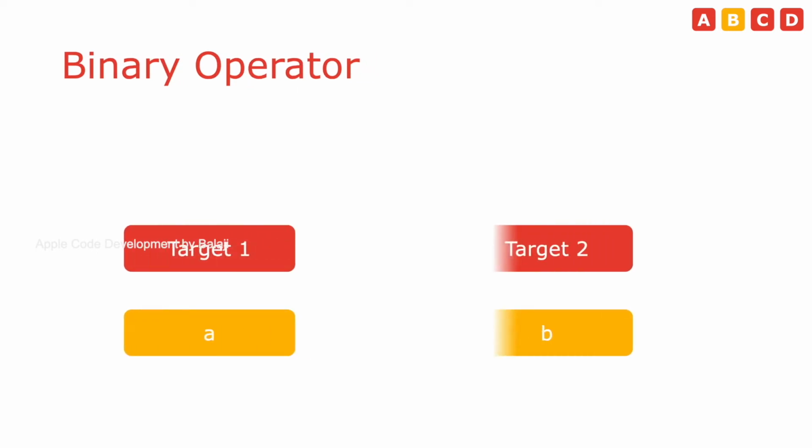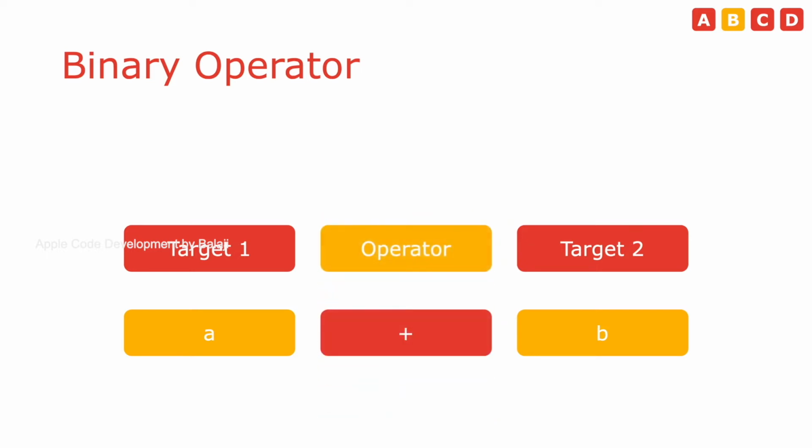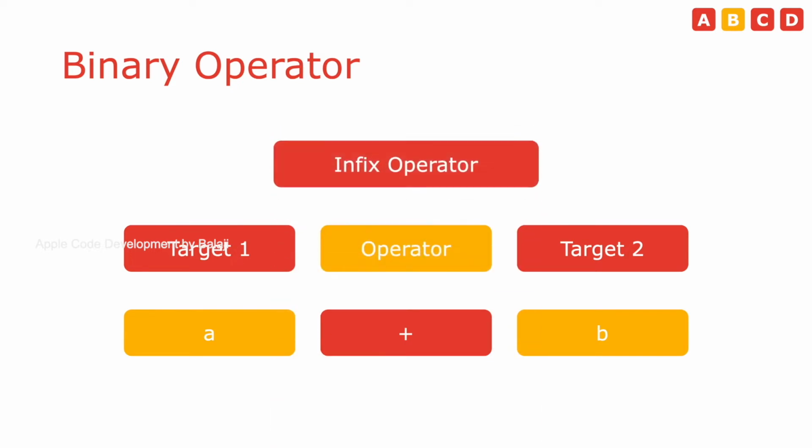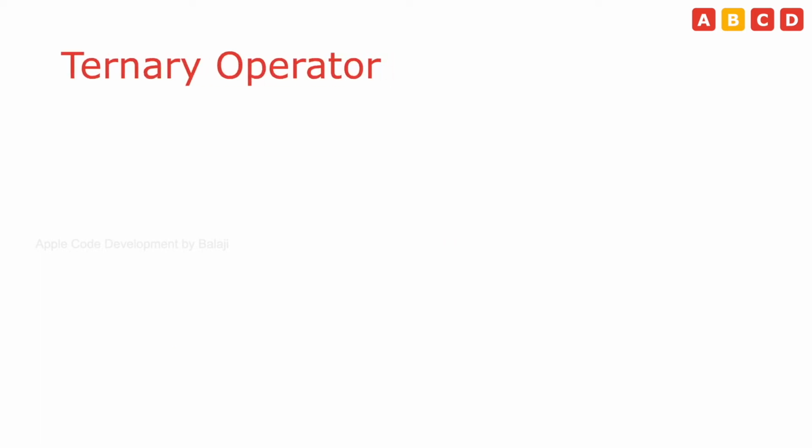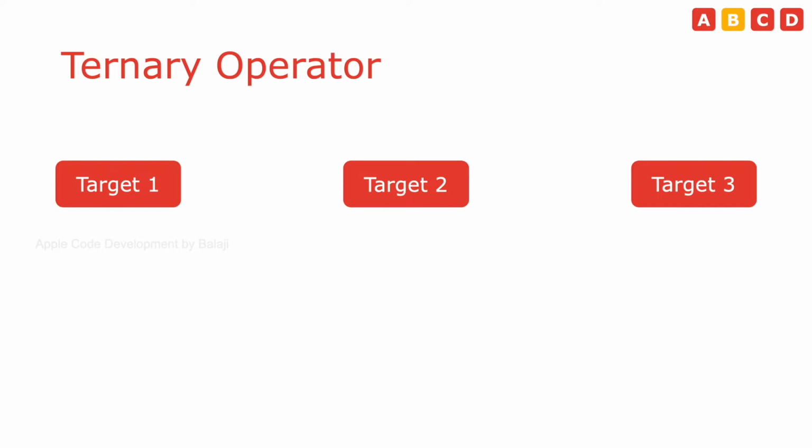The next, binary operator, which operates on 2 targets. So we can guess it, the operator will be between the targets only, which is known as infix operator. The next is ternary operator. It operates on 3 targets.